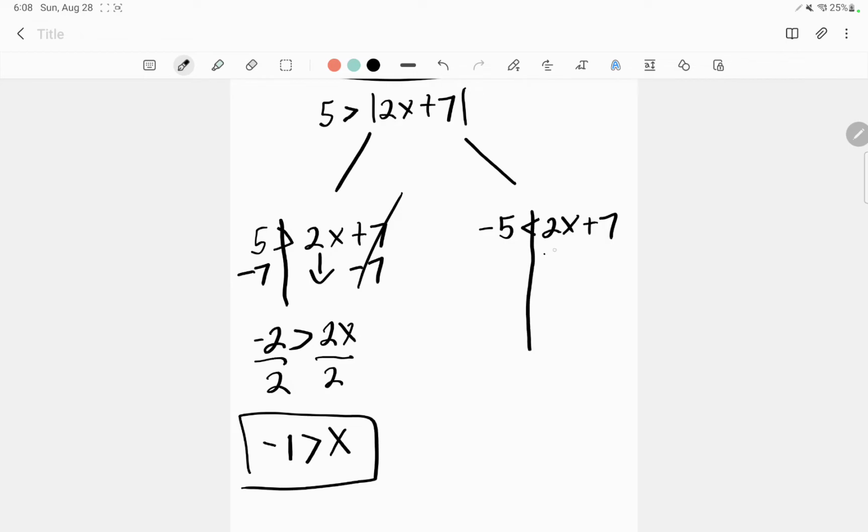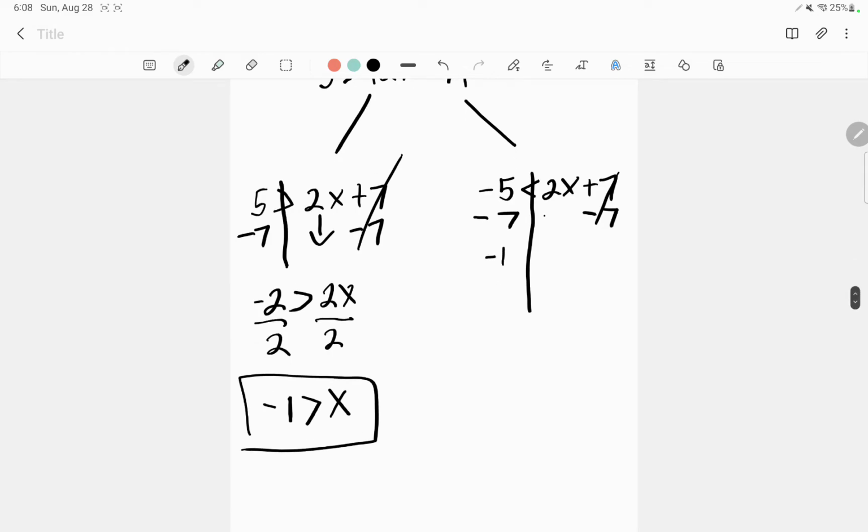Okay, now let's do the other one. So now we're gonna have to move the 7 again first. -7, those 2 cancel out. Over here I have a -7, and also I have a -5, so that becomes a -12, is less than 2x. Now I'm gonna divide by 2. Now I have x is greater than negative 6.